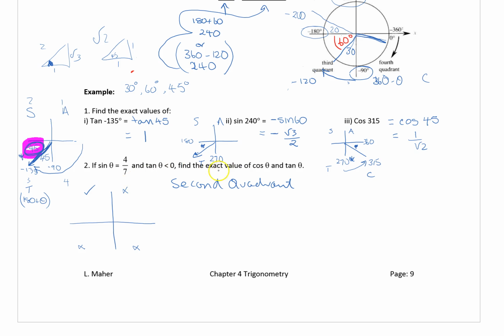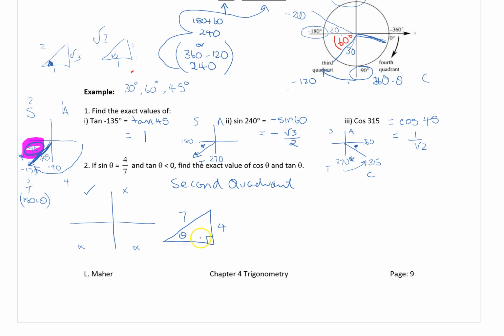Now, we need to find the exact values of cos theta and tan theta. Well, we can draw a little right angle triangle. We're going to put theta in it. We know that the sine of theta is 4 on 7.